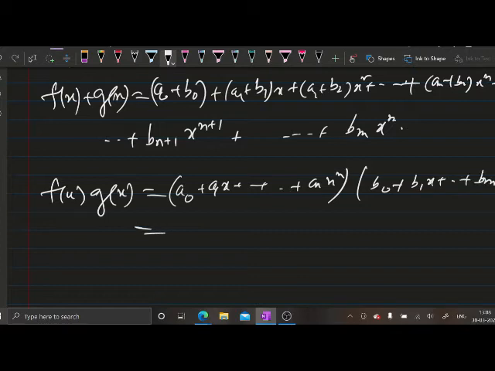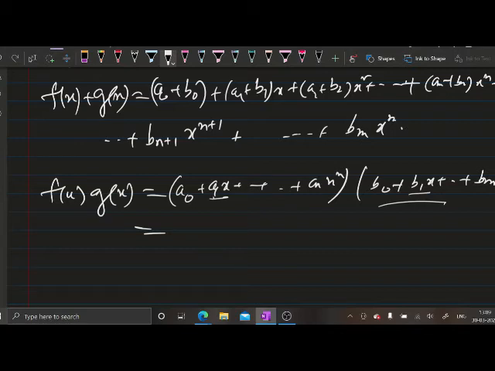Now if you want to multiply these two expressions term wise, suppose you start from a0, that is a0 b0 plus a0 b1x plus a0 b2 x square plus a0 b3 x cube and so on up to a0 bm x to the power m, and then you come back to a1x and multiply this a1x with every term of this expression. So a1x b0, that means a1 b0 x, plus a1x b1x, that means a1 b1 x square, and like this way.